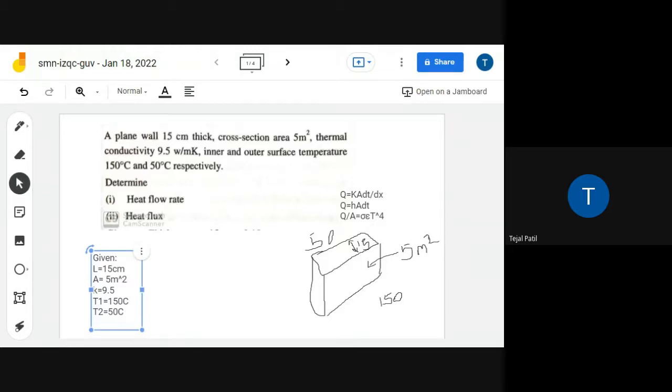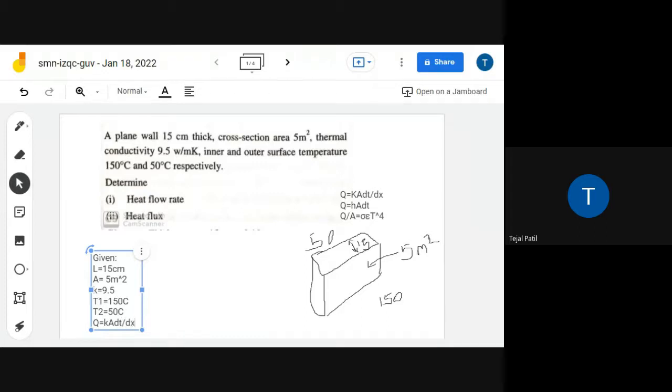Now what is meant by heat flow rate? Q or Q by A? Q. As conduction is given here, you are supposed to use the first formula, Q is equal to K A dT by dx.